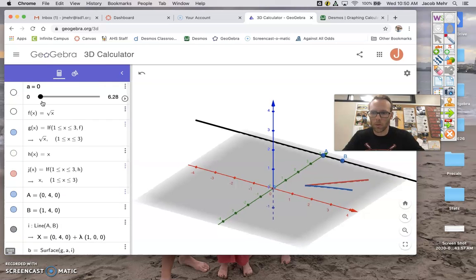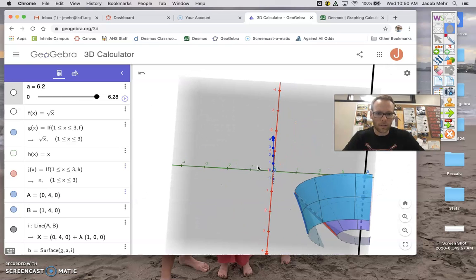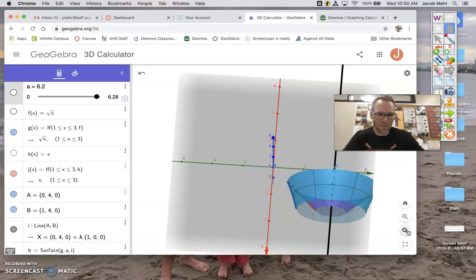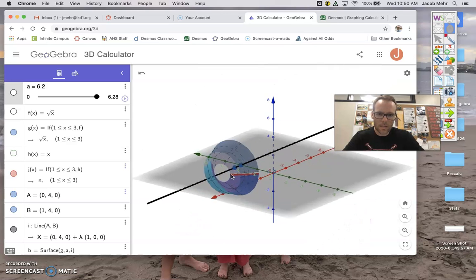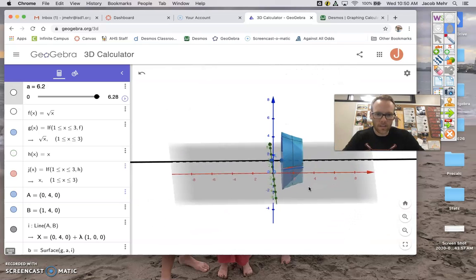All right, big moment of truth. Here we go. Oh yeah, there it goes. We don't get to see all of it because it gets off the graph. And I think if we zoom out, we can see it. Yes. Okay, we get that shape.